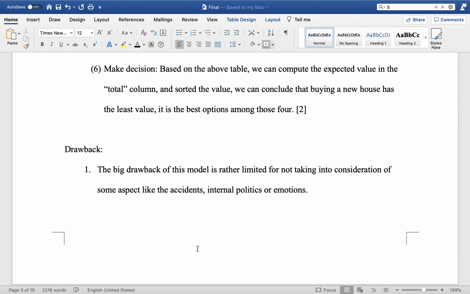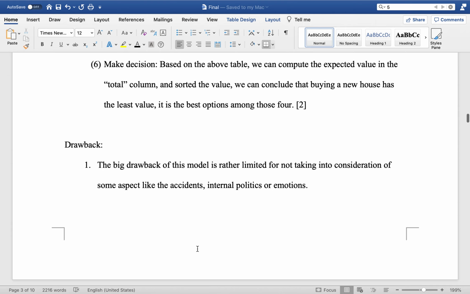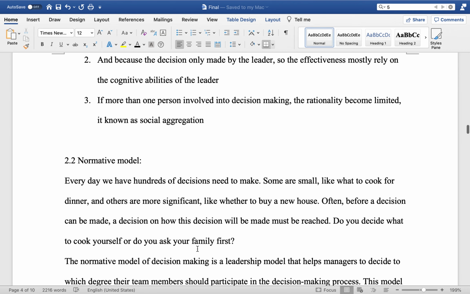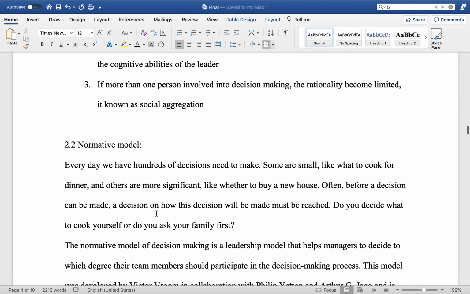The biggest one is it's rather limited for not taking into consideration some aspects like accidents, internal politics, or emotions. And this decision is only made by the leader, so the effectiveness mostly relies on the cognitive abilities of the leader.